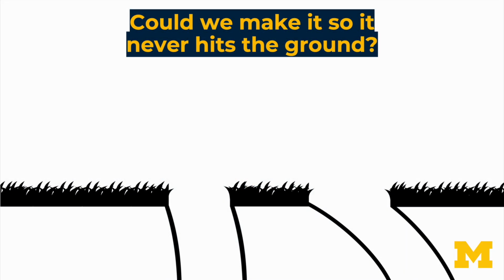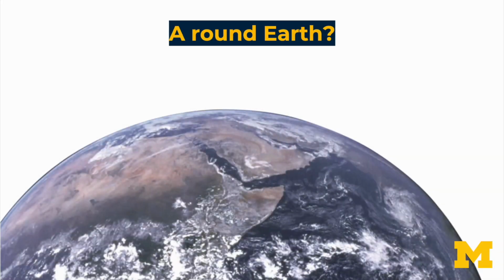So we could make a hole in the ground so it never actually hit the ground. And if something is moving slower, that hole would be steep. If something's moving faster, that hole would be shallower. If we zoom out, the Earth is actually shaped, right? Because it's round.